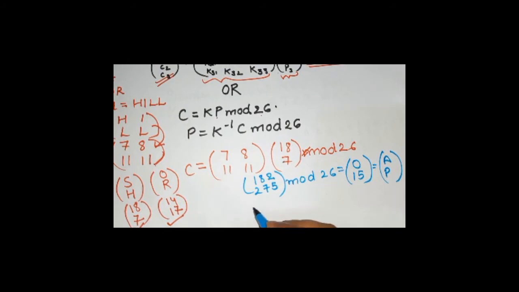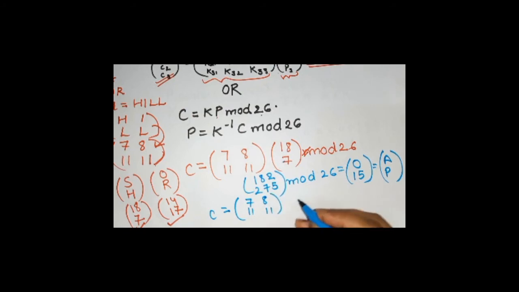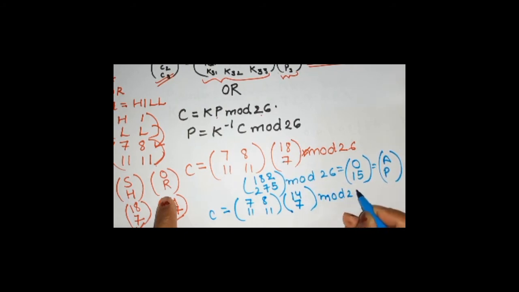Okay. The second one, again I will perform the second one also. The second ciphertext, 7, 8, 11, 11 multiplied by O and R. O and R will be written as 14 and 17, mod 26.